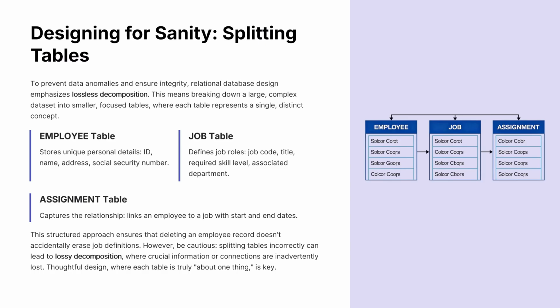And it's not automatic. Sometimes splitting a table the wrong way actually loses information. For example, if you split a table with columns employee ID, job title, department into 2 separate tables, one with employee ID, job title, and another with job title, department, you might think you preserved everything.